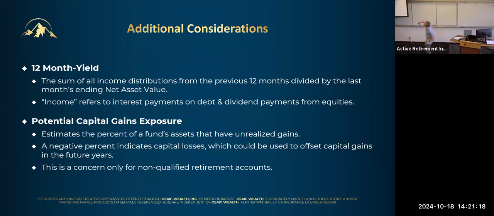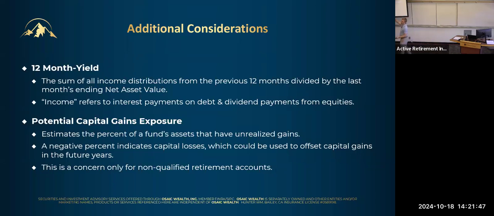But the 12-month yield is basically the sum of all the income distributions from the previous 12 months divided by the last month's ending net asset value. So we'll be looking at capital gains distributions, dividends, interest, all that kind of stuff. And then we take the last month's value of all the stuff in the fund, not the price of the fund, but everything inside of it, and we divide by that to see how much has been paid out percentage-wise, pretty much like a dividend.